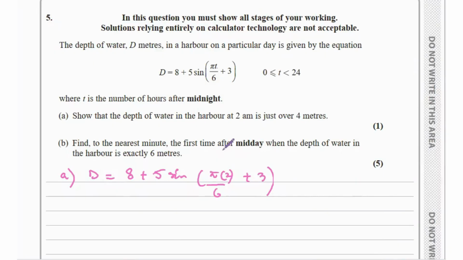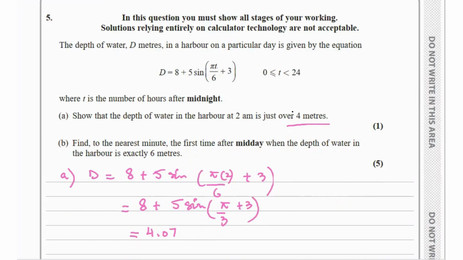So when you put 2 as t, we should get a value for d which is more than 4. So 8 + 5 sin(π/3 + 3), and that gives us a value of 4.07, which is over 4 meters. So that's your answer. Then find to the nearest minute the first time after midday when the depth of water in the harbor is exactly 6 meters.